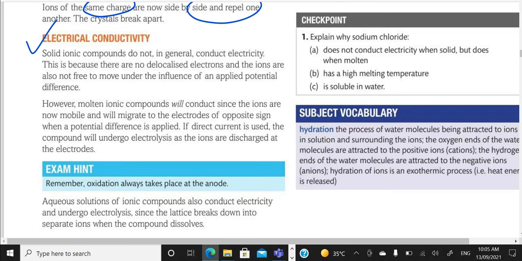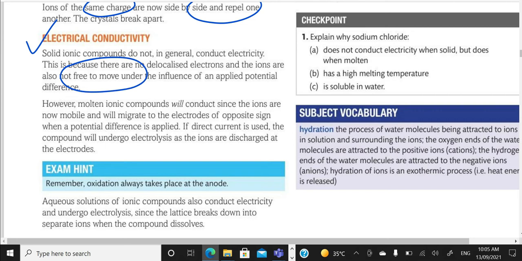Electrical conductivity is the third important property. Whenever we talk about any solution and its electrical conductivity, we need to know that there must be ions which are carrying the charges, the positive and the negative charges. So if there are ions which are freely available in a solution, then we can talk about the electrical conductivity.